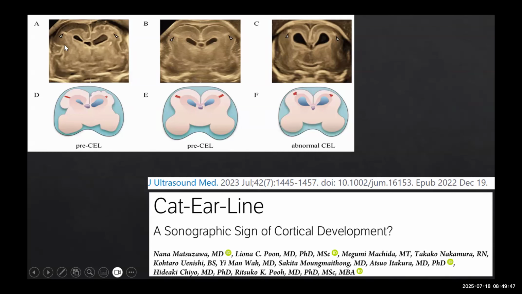There can be a persistent pre-CEL rather than the formation of a CEL, with only the CEL present in the subplate. Abnormal CELs can be in the form of a mosaic pattern or mass-like patterns in the subplate. This was defined as an abnormal CEL.